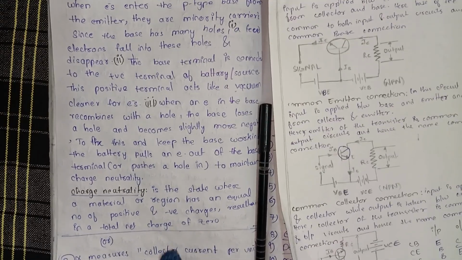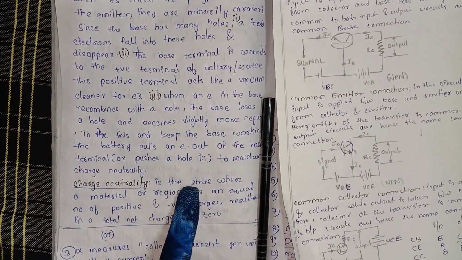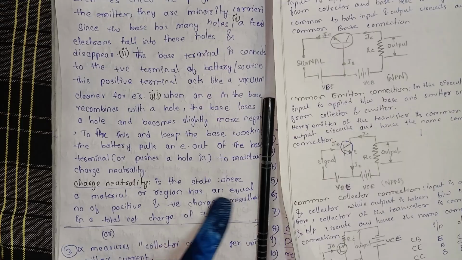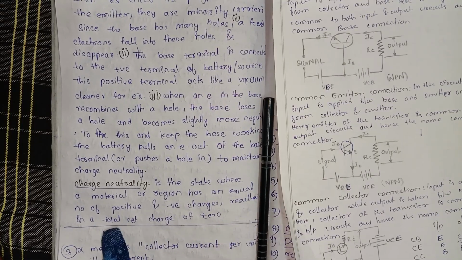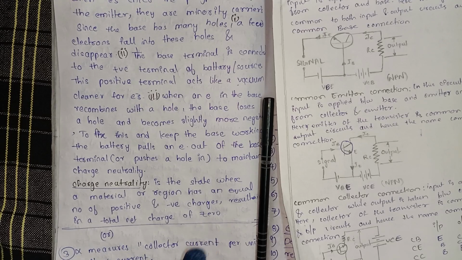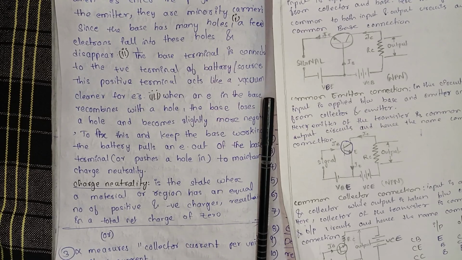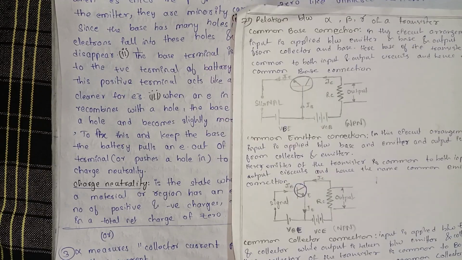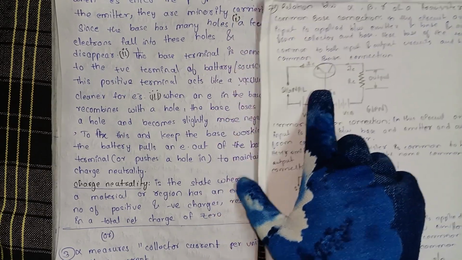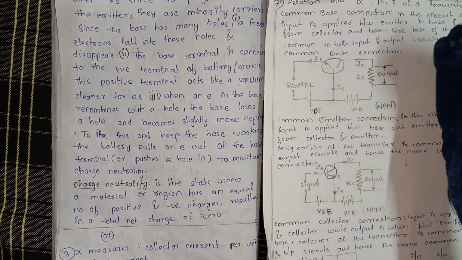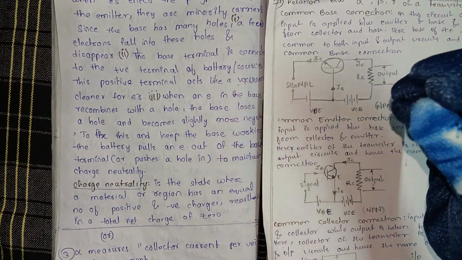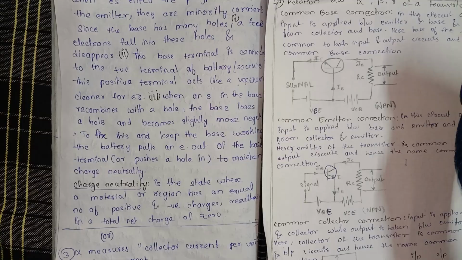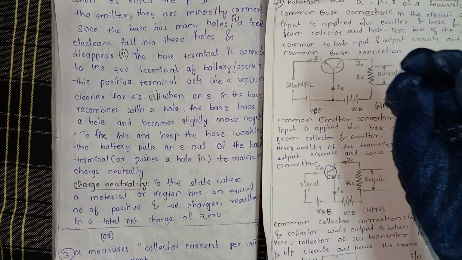Charge neutrality is the state where a material or region has an equal number of positive and negative charges, resulting in a total net charge of zero. So the base, which would become negative, is prevented from becoming negative by maintaining charge neutrality.